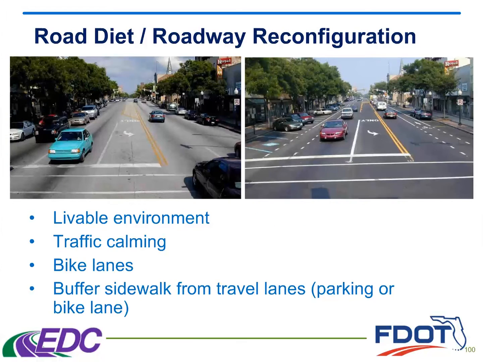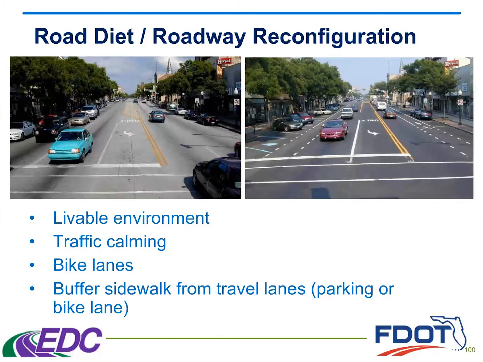Some of the benefits of a road diet or lane elimination, for example, it could provide a more livable environment. It could help the local businesses. It could also serve as traffic calming. The same way that it contributes to the businesses, it can contribute to the economic development of the community.